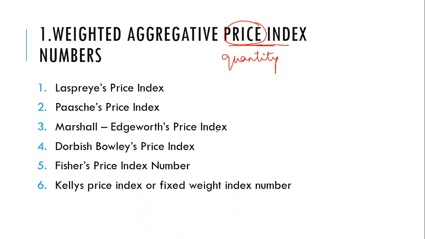Now when you assign a particular quantity as weight, it can be a base year quantity or a current year quantity, depending on what method we use. We have various methods under this. We have the last price method.